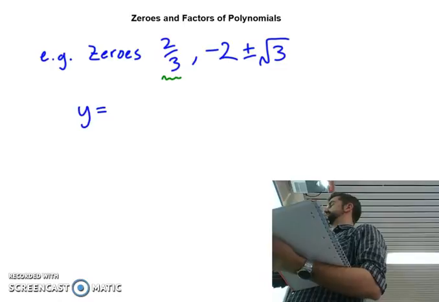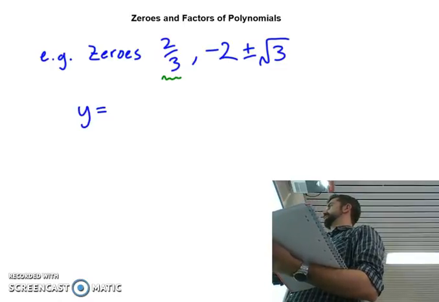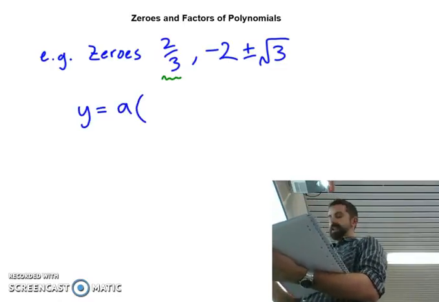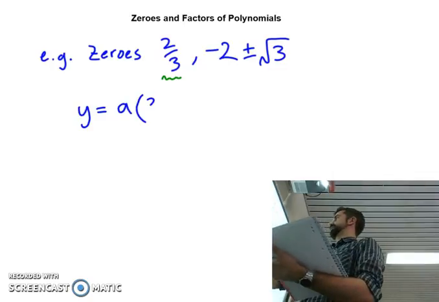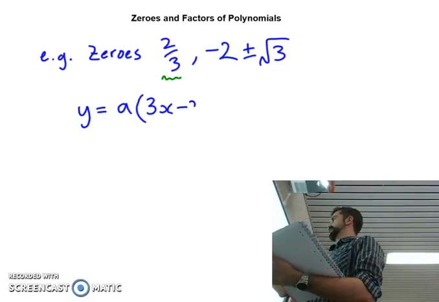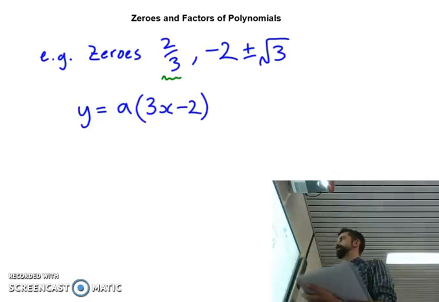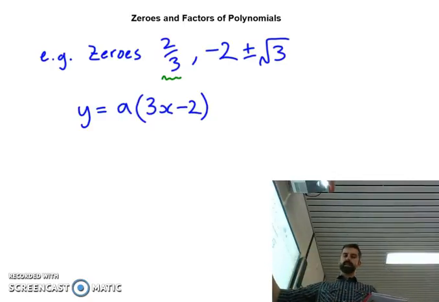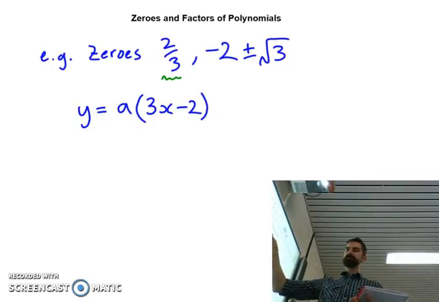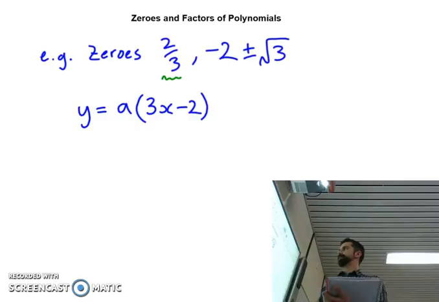That means that it's got to look something like this. y equals a, and then I'm going to have a factor 3x take 2, because if 3x take 2 equals 0, the only way that's possible is if x equals 2 over 3. So I've just jumped straight to that.